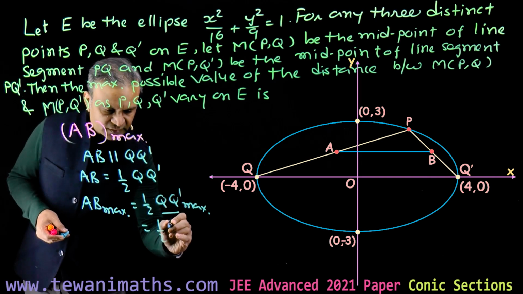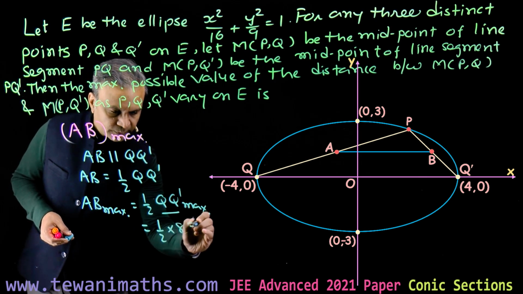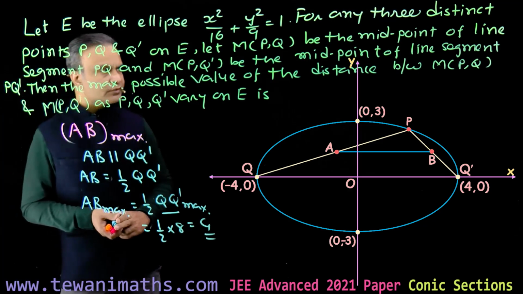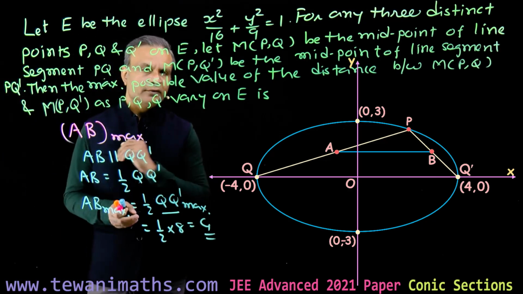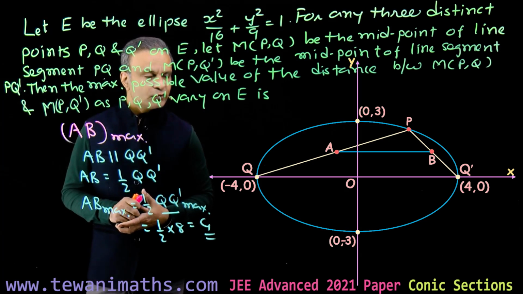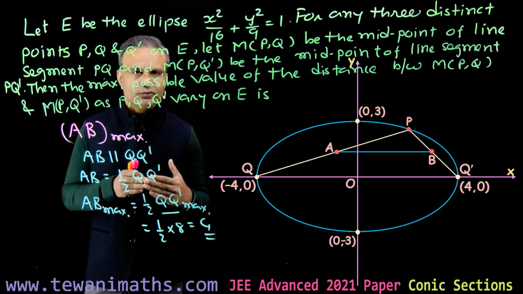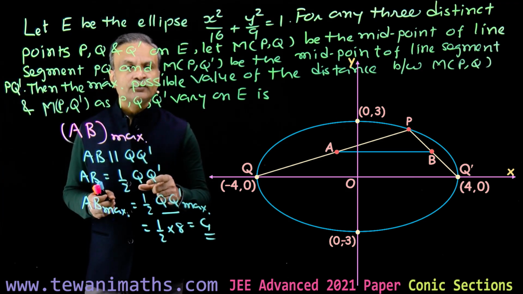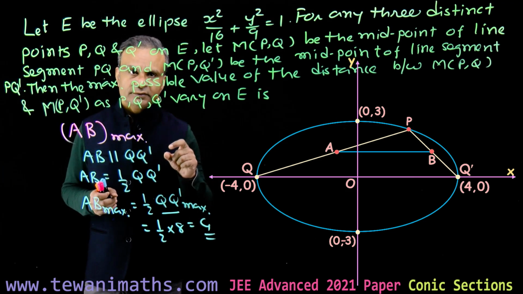So AB maximum will be 1 upon 2 multiplied by 8 is equal to 4. Okay, so here in this question we are using simple geometry of triangles, that the line joining midpoints of any two sides is parallel to the third side and its length is half of the length of the third side.